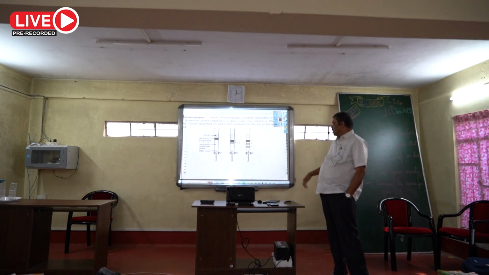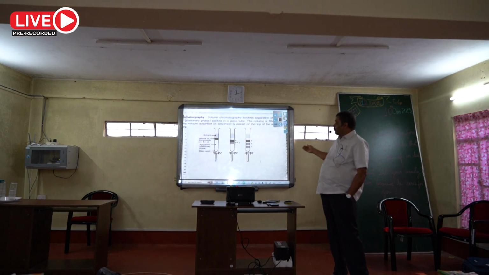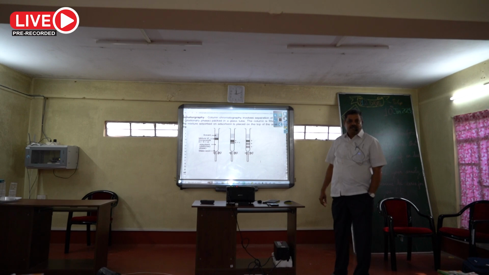When the solvent is poured, first it separates into A and B plus C. But by adding more and more solvent or eluent, A, B, C, three separate parts, get separated. This is called column chromatography.